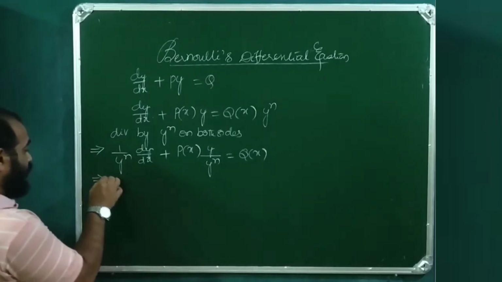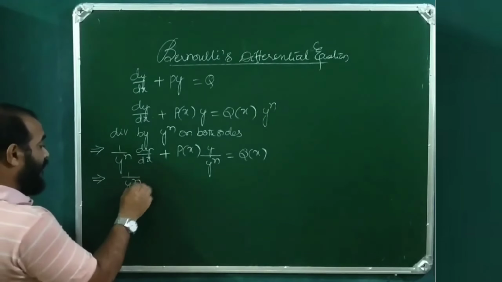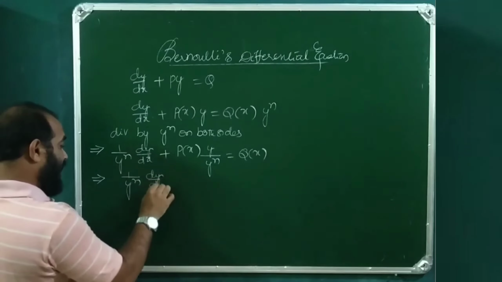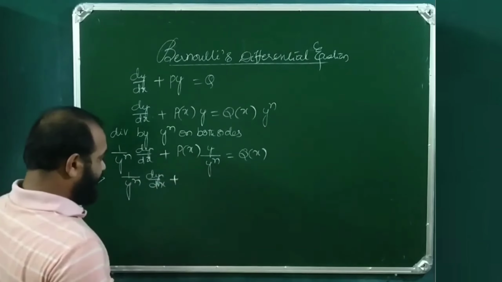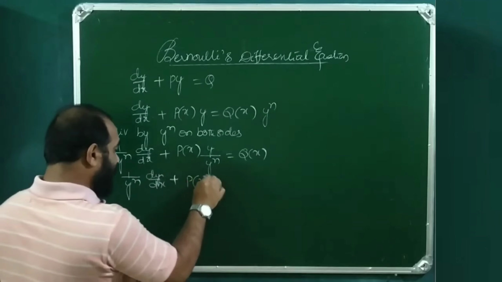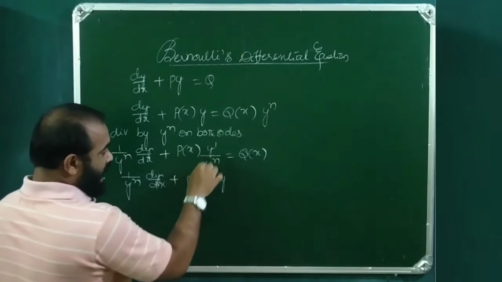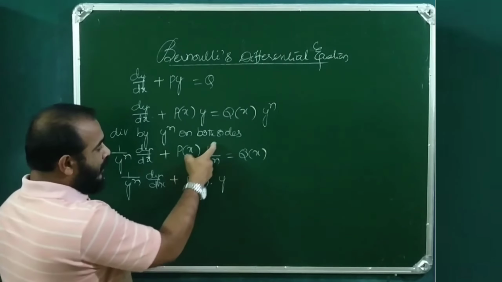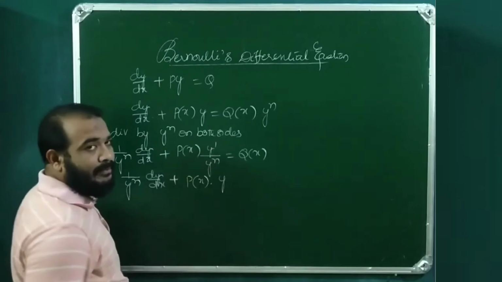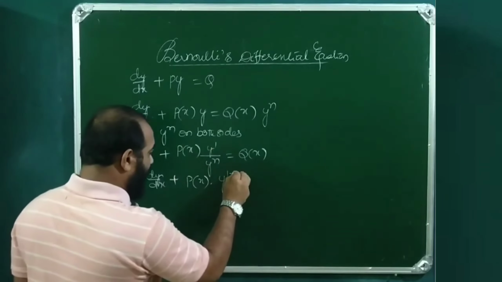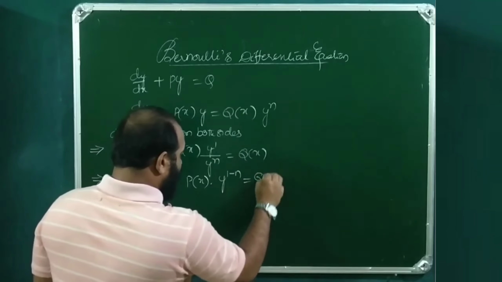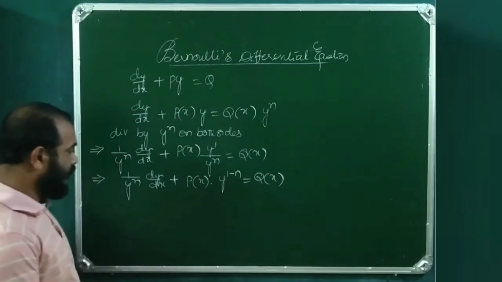So this is equals to 1 by y power n dy by dx plus p of x into y power 1 by y power n, and a power m by a power n is a power m minus n, so this is y power 1 minus n, is equals to q of x.